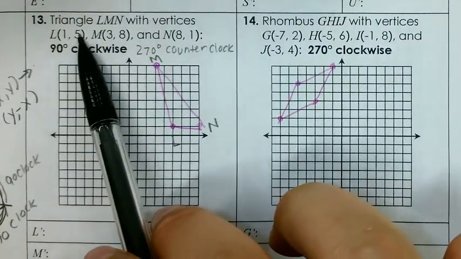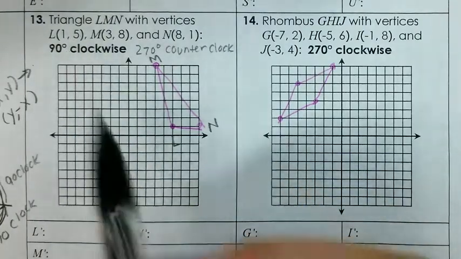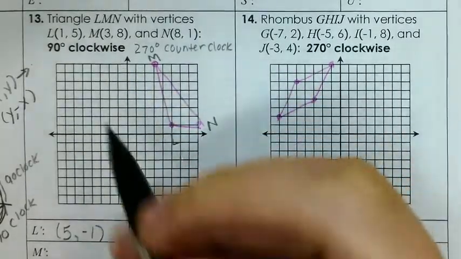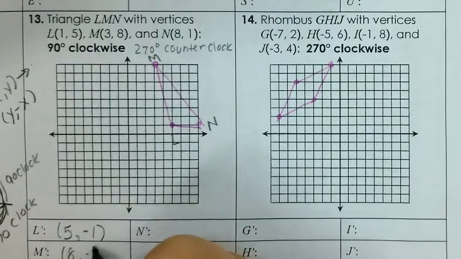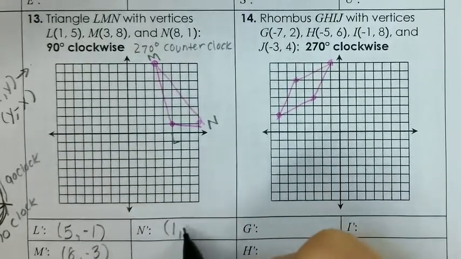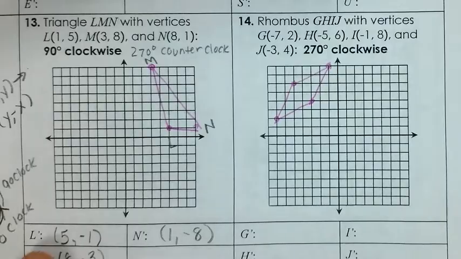So we need to flip these two coordinates and negate the one that is in the y coordinate. So we have 5, -1, 8, -3, and 1, -8. Please graph this new figure that we rotated.